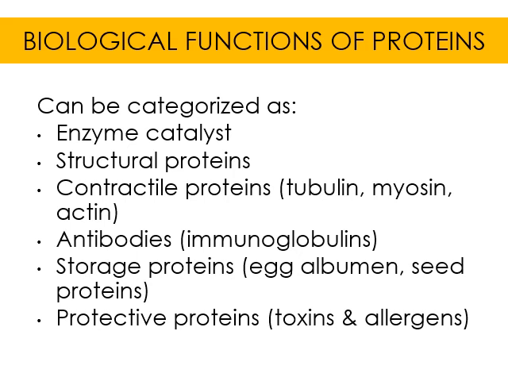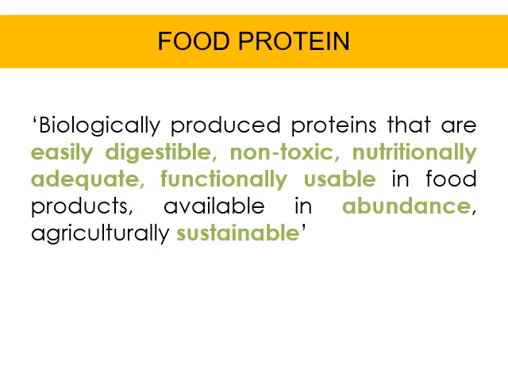The texture, flavor, and aroma are contributed by proteins. We can define food protein as a biologically produced protein that is easily digestible, non-toxic, nutritionally adequate, functionally usable in food products, available in abundance, and agriculturally sustainable.